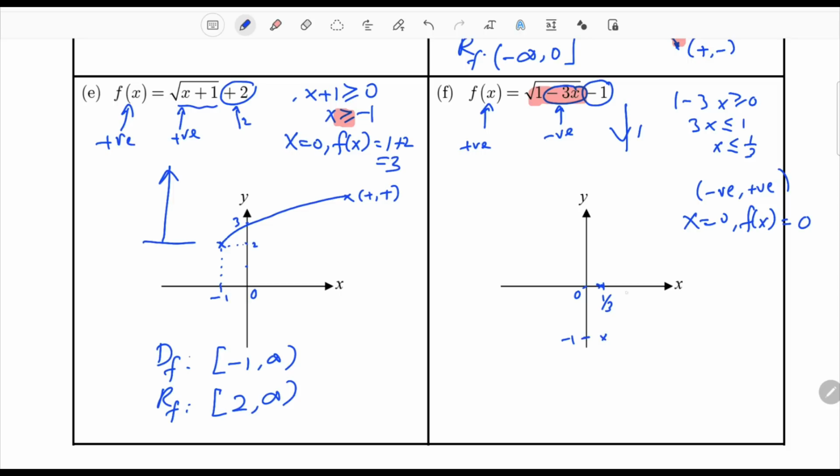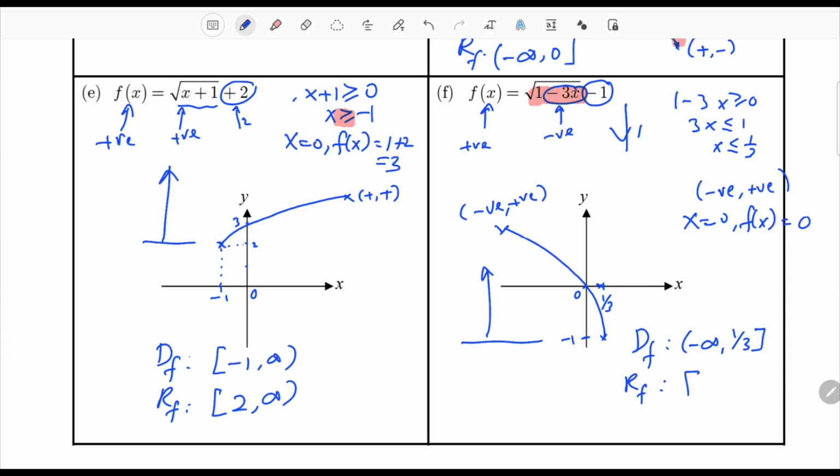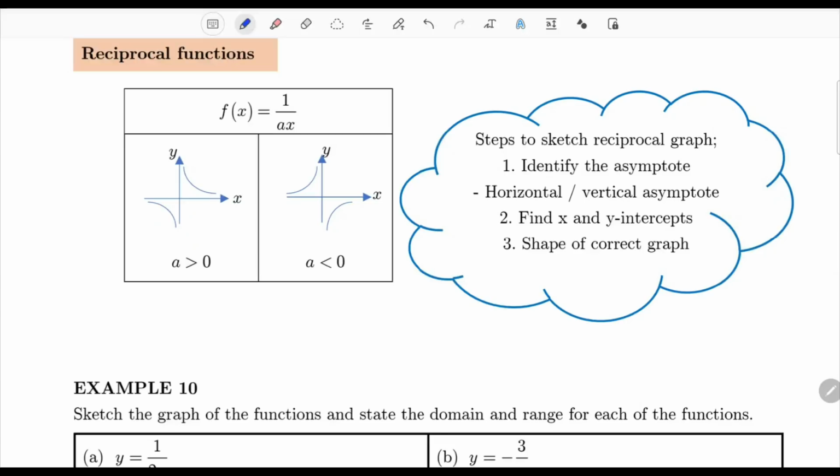It passes through the origin. So the graph would look something like this. This is where we have the negative, positive. So domain of f, that will be negative infinity to 1 over 3. Range of f, that will be from here upwards, so from negative 1 to infinity.